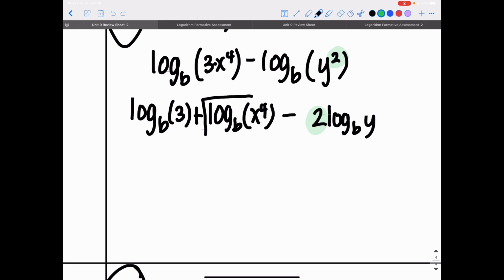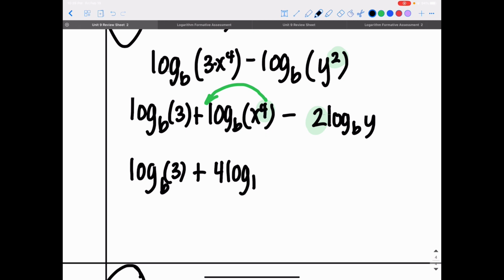But the second one I can simplify a little further. It has an exponent here, and I can move that to be a coefficient because I'm not allowed to have exponents in expanded form. So I'll have, finally, log base b of 3 plus 4 log base b of x minus 2 log base b of y.